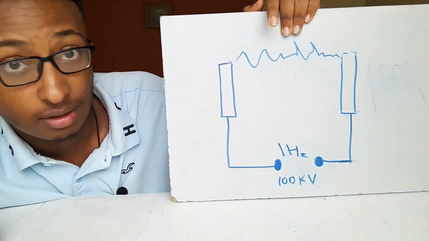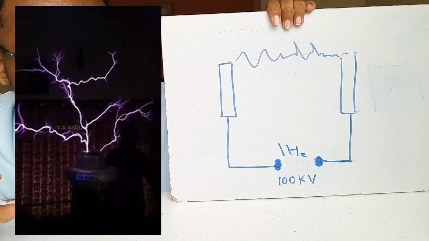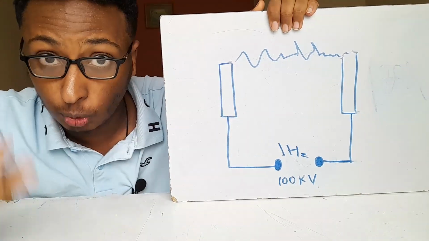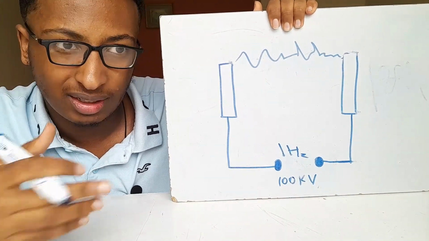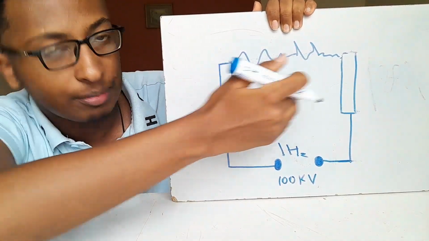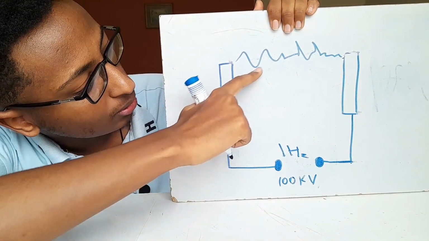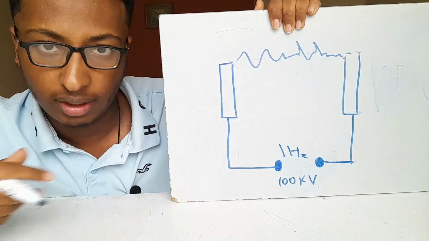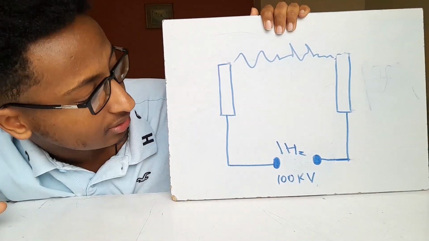The reason it gives off this shape is that those electrons try to find the shortest path, or more preferably the easiest path. Because this medium is air and air has many particles, the electrons try to find an easier way to get to the electrode. That's why it has a wiggling. So 1 hertz will be like this.